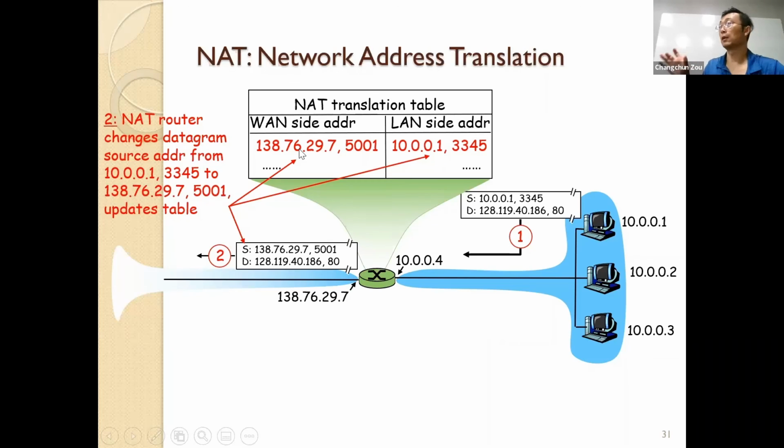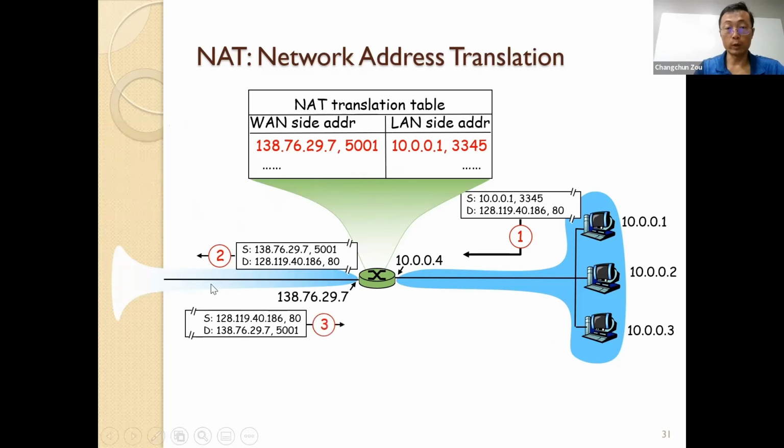That's why it's called network address translation. It changes the address of the packet. When this packet goes to the web server, the web server responds with a SYN-ACK packet. The destination IP address is the router's global IP address, and the port corresponds to the translated source port.